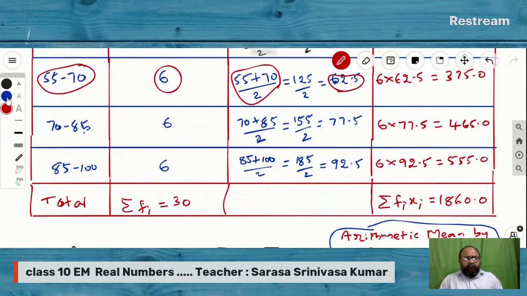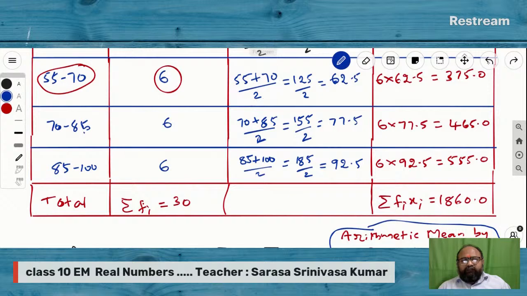Now we multiply the second column and the third column, that is 6 multiplied by 62.5, that equals 375. This is how we find the values in this 55 to 70 class interval.